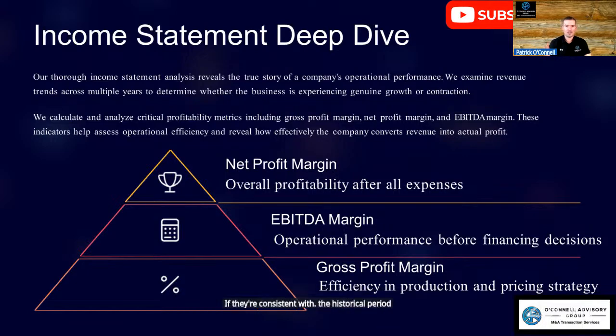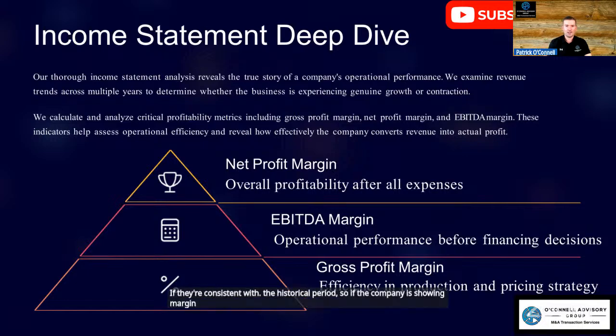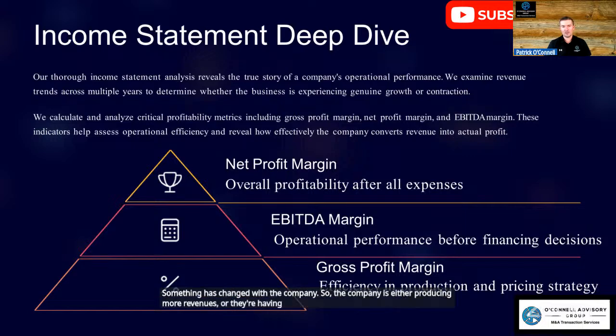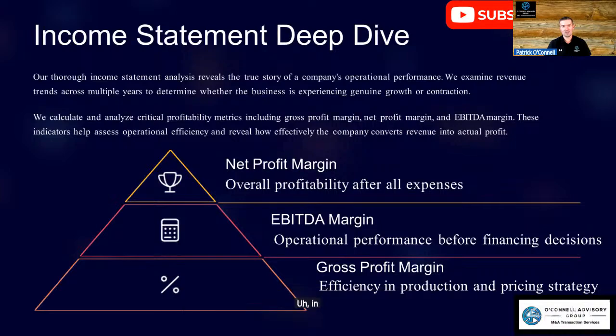If the company is showing margins of 20% in the first year, 25% in the second year, and 50% in the third year, something has changed with the company. The company is either producing more revenues or they're having more cost efficiencies in order to increase those margins. Looking at the margin level is a technique that I will use to quickly assess the health of the business and the sustainability.